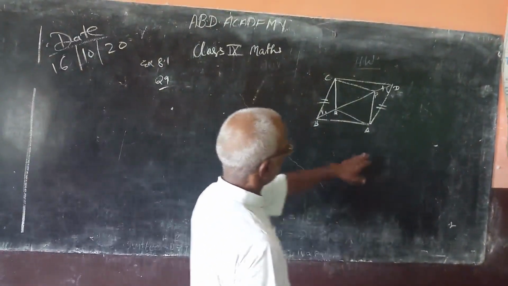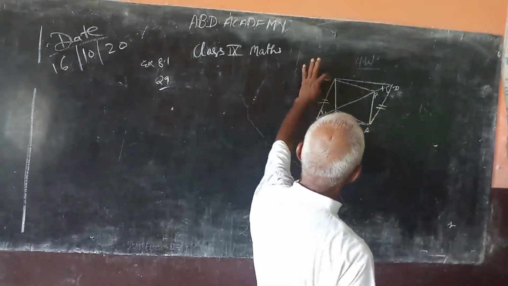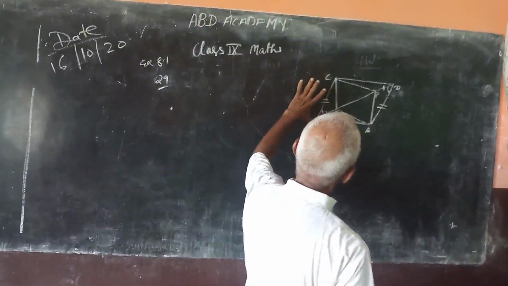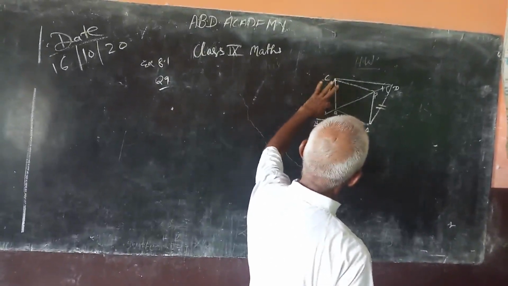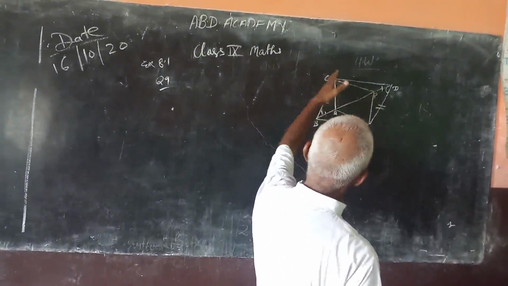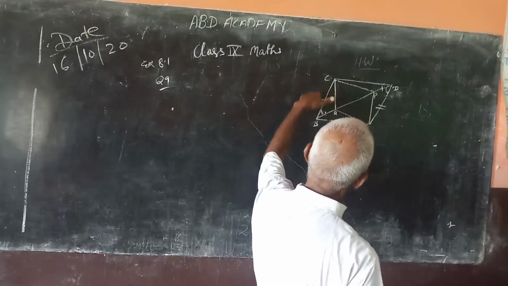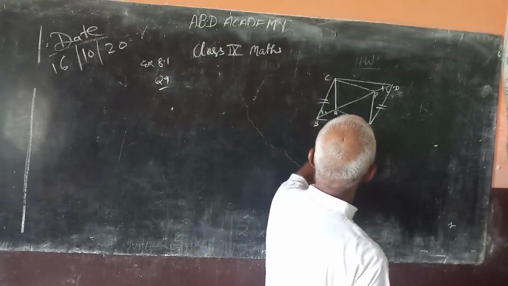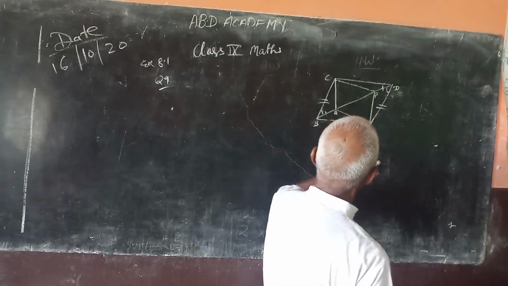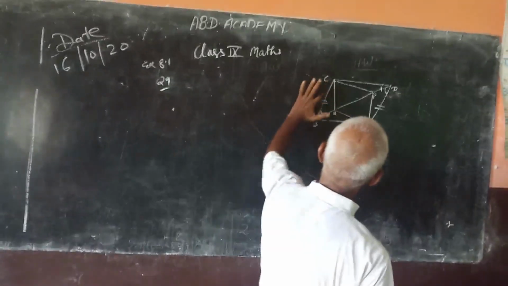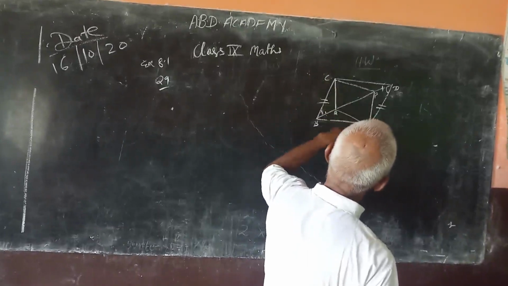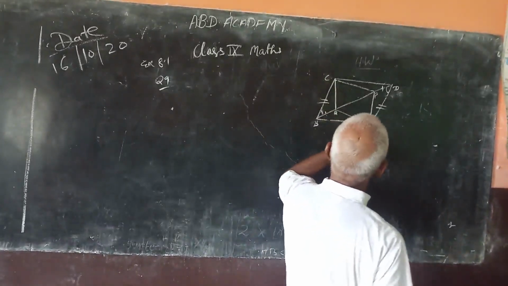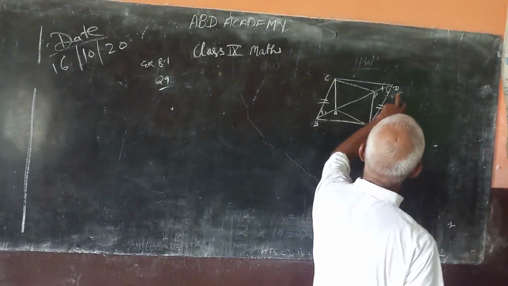In triangle ADP and triangle BCQ, AD is equal to BC, given. This PD is equal to BQ, given. Second point. Third is angle CBQ, this one is equal to angle ADP.